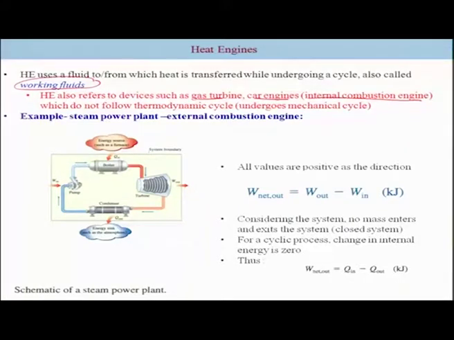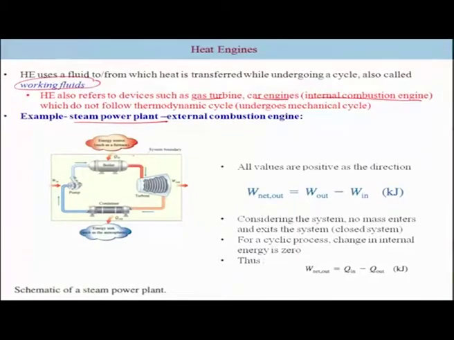Considering the heat engine here, as you can see, it consists of four basic units: the boiler, turbine, condenser and pump, and this is the direction. It goes in this way. It takes the heat and heats up the fluid, which is in this case water for the steam power plant, to a very high pressure.